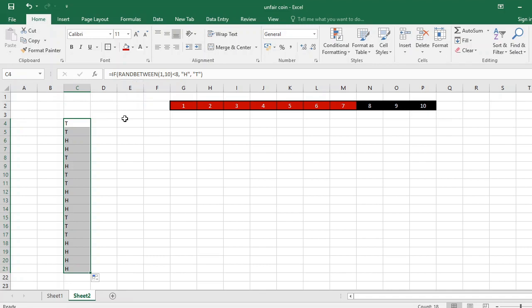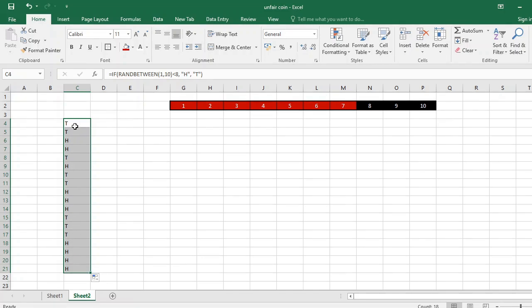The reason being that this is a simulated coin, which is a biased coin, and it is biased towards heads. So it is natural that you are going to get more heads than tails.